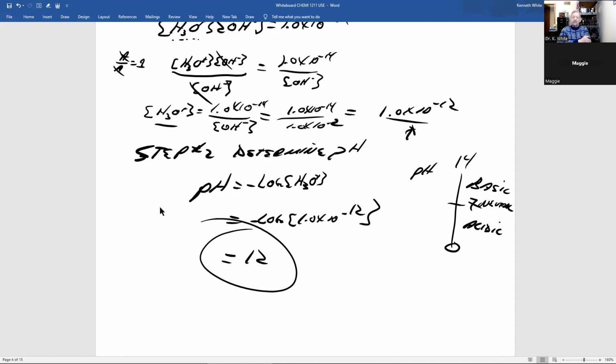Below 7 is acidic. If the pH is, say, 3, that's acidic. Above 7 is basic. Hopefully, you all agree 12 is above 7, so this is a basic solution.